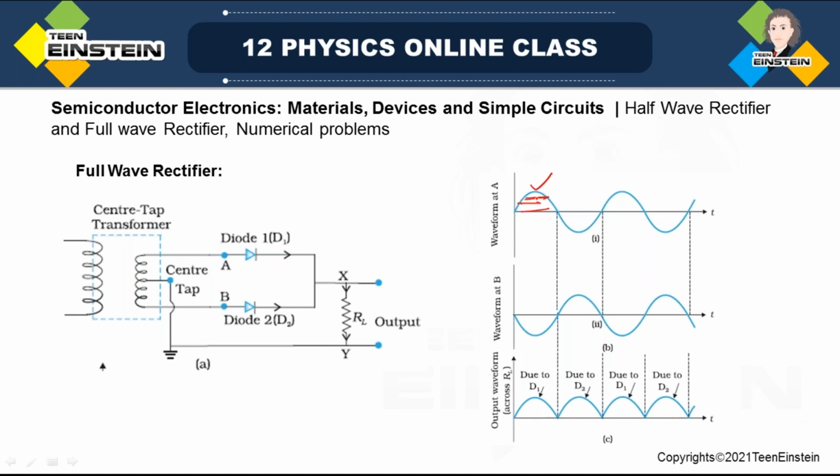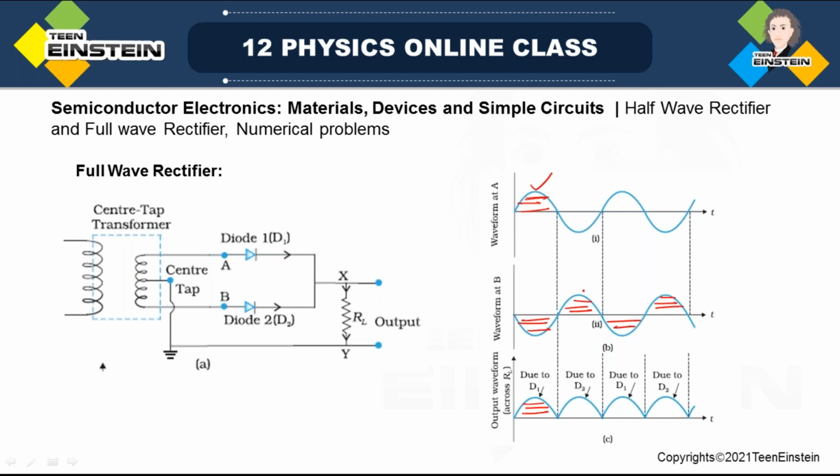So look, only in the positive half cycle will it conduct, so D1 is conducting. So due to D1 you will get voltage across RL. Now the waveform of the input signal at B is like this.